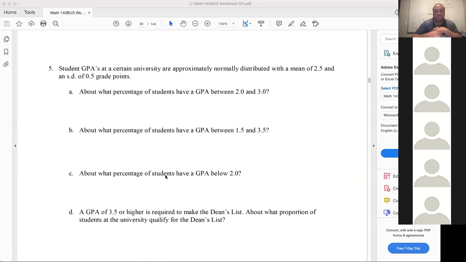Question 5: Students' GPA at a certain university are approximately normally distributed with mean 2.5 and deviation 0.5. So N of 2.5, comma, 0.5. What percentage of students are between 2 and 3? Let's do it with the calculator.